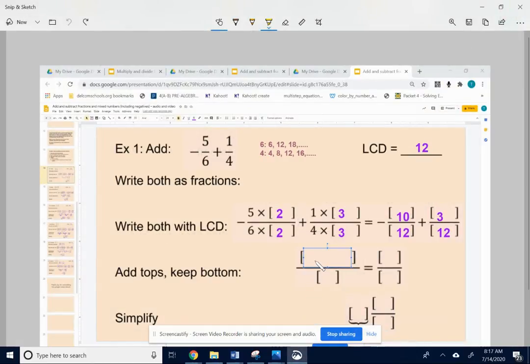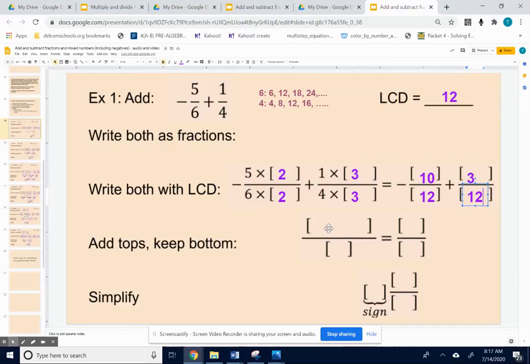So I'm going to type that in. I'm going to click on the top of the fraction and type in -10 plus 3 and keep the 12 on the bottom. -10 plus 3. You're adding a positive to a negative, so you subtract and keep the bigger sign.